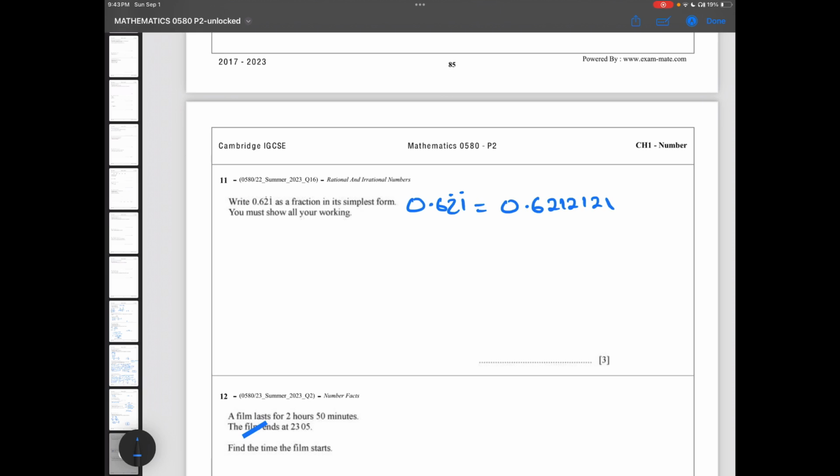So we have to convert this into a fraction. Whenever you get recurring decimals, you have to convert them into fractions.